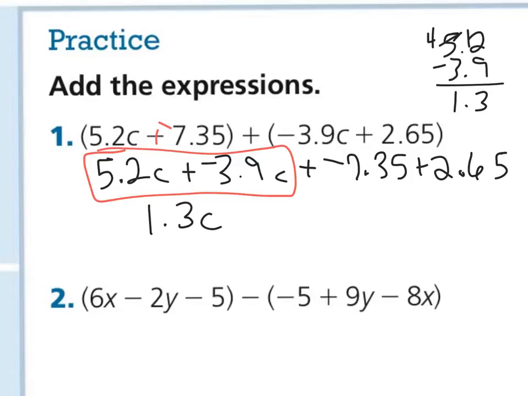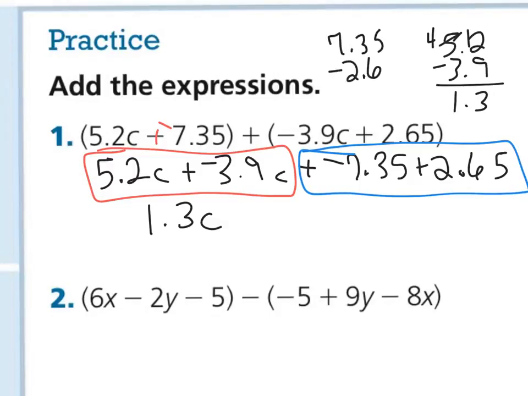And then with our constants, we can combine these together, and these are same or different signs, so we're going to subtract, and we have more that are negative, so it's going to be negative. Good.